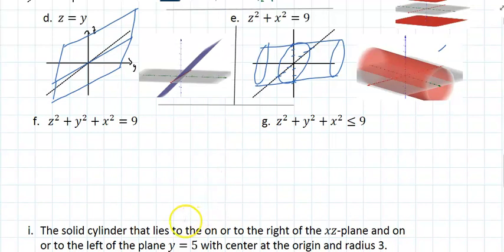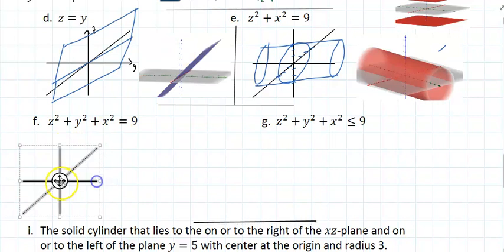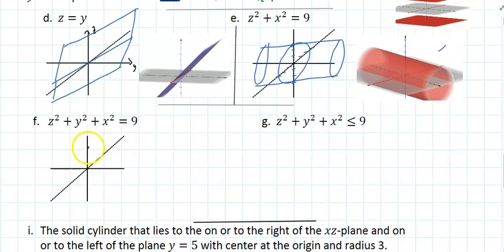Now, if I was to go to x squared plus y squared plus z squared equals 9, well, that's really a sphere. A sphere, I find it easier to graph this way.